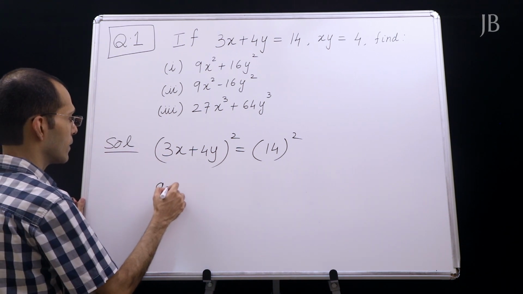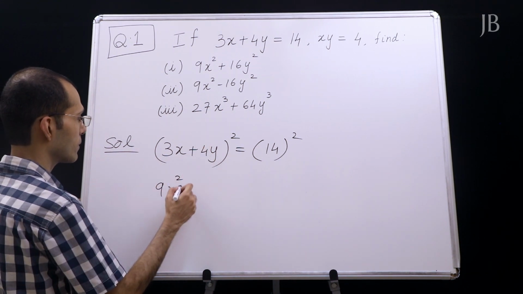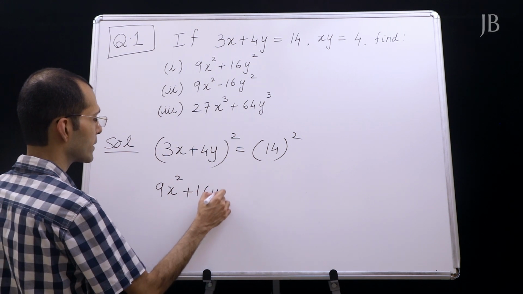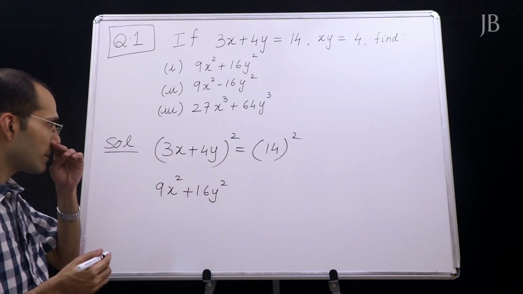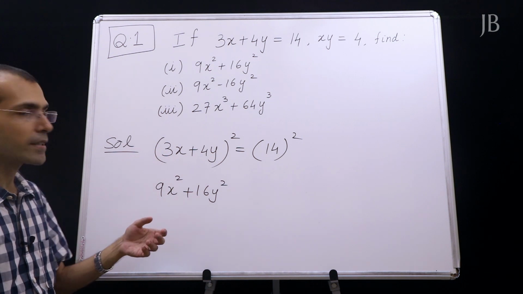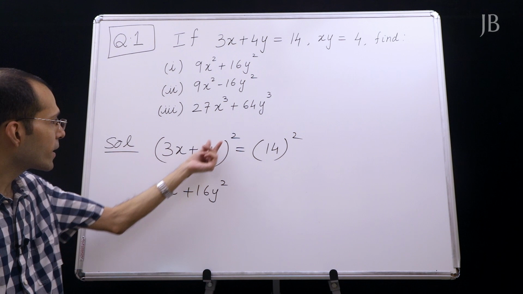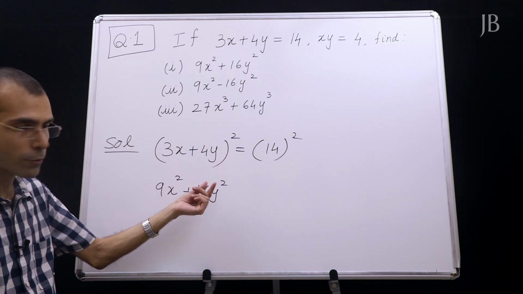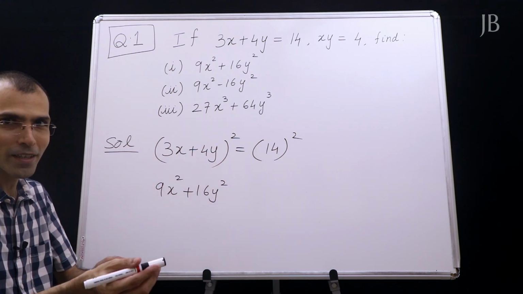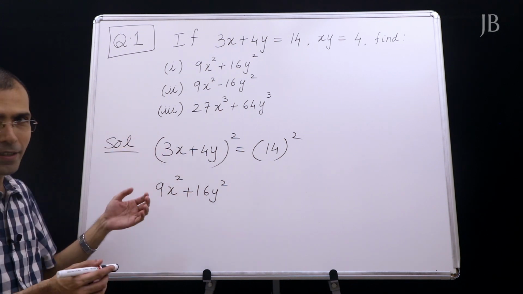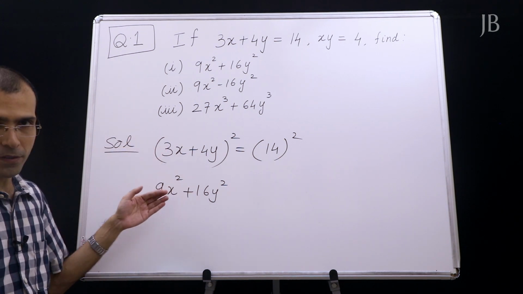Now 9x square, this is routine, 9x square plus 16y square. Since this is the first sum, I will explain in detail. We square the first term, that is 9x square. We square the second term, that is 16y square, like 4y into 4y and 3x into 3x. Then the sign is going to be positive.